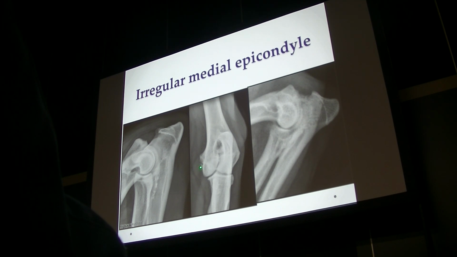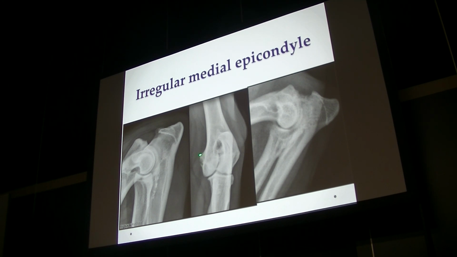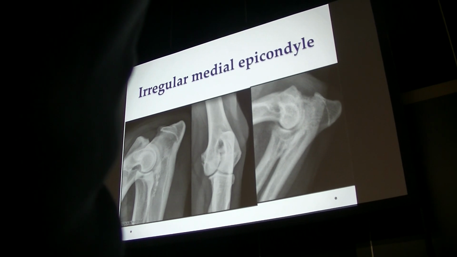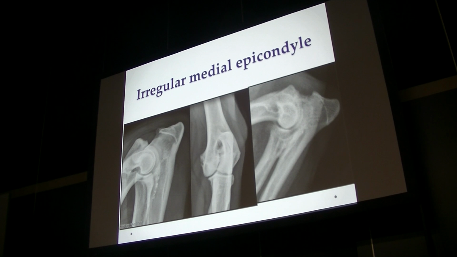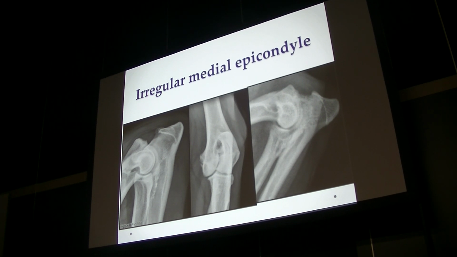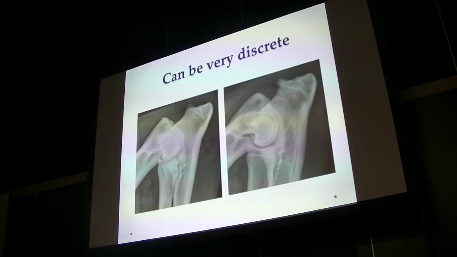On a cranial view, we can pick up some irregularity at the medial side, the medial epicondyle, and this is a concomitant case, where we have the irregular delineation. We have an amount of new bone formation in this area, huge sclerosis, and there's no coronoid present. It seems to be gone, so we can be sure that there are fragments in this case.